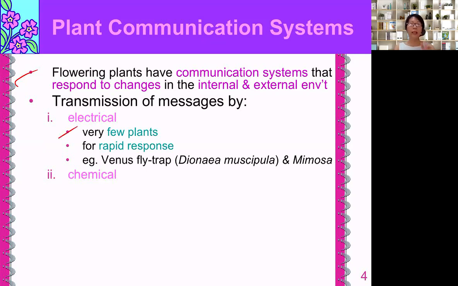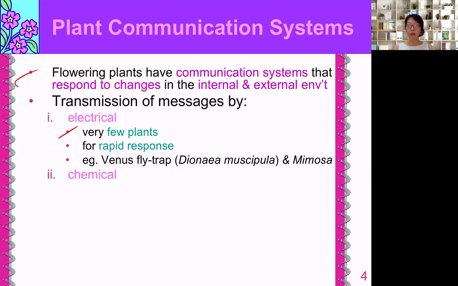Very few plants use this type of communication system because it is quite expensive. It requires the movement of ions across the membrane. It requires the formation of concentration gradients of ions across the membrane, which means you need active transport, ATP. It requires the formation of channel proteins, and synthesis of proteins needs energy.